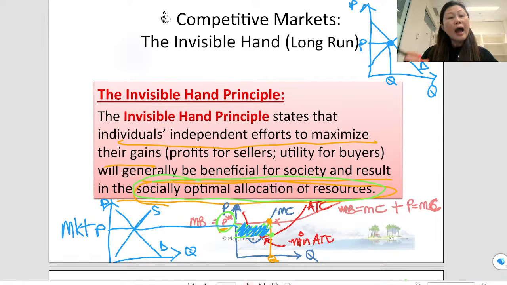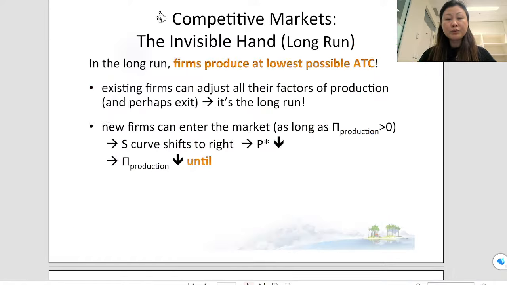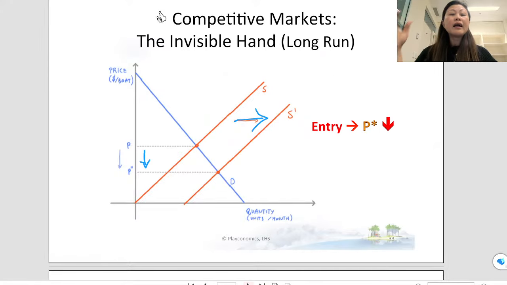It is also a matter of efficiency in technological production. As long as there is a profit, there will be an incentive for new firms to enter the market, to push that supply curve to the right. And when we push that supply curve to the right, we know that price will drop. The new producers will enter into the market as a result of the profit that existed in that market space.